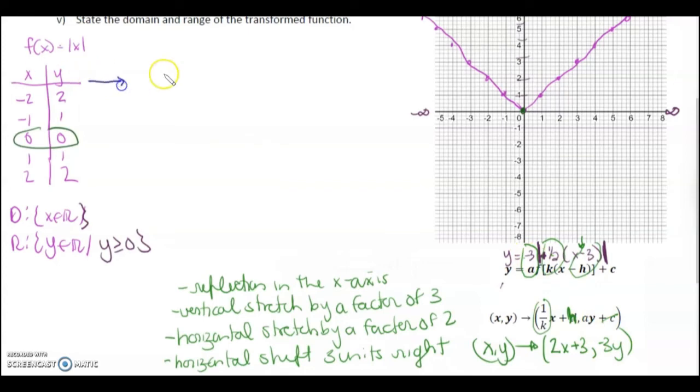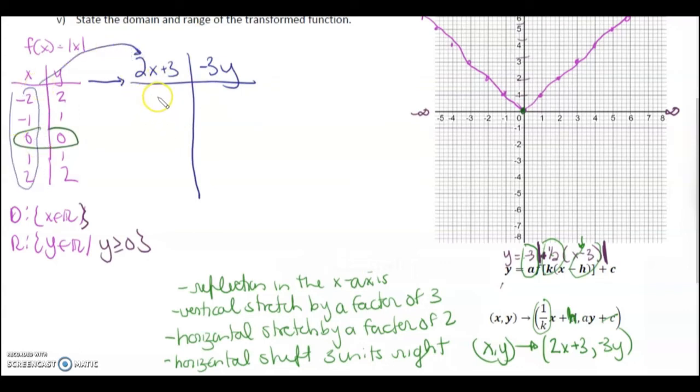So let's come back up here, and we're going to go (2x + 3, -3y). Sub all of these x's into 2x + 3. So -4 + 3, -2 + 3, 0 + 3, 2 + 3, and then 4 + 3. Take all of these y's and sub them in, multiply them by -3.